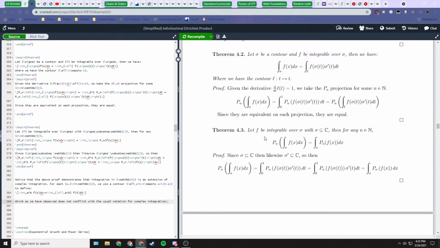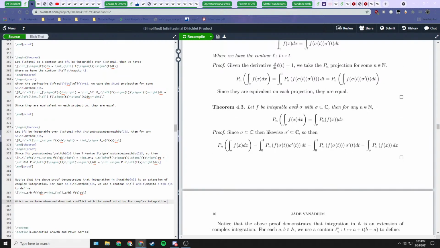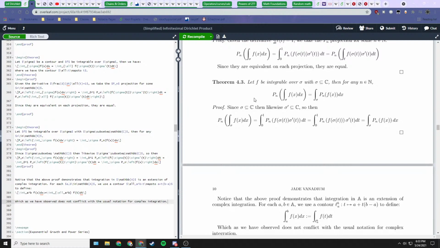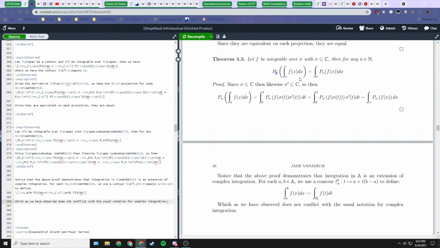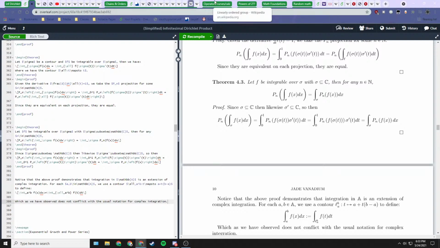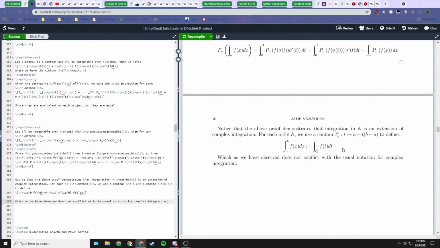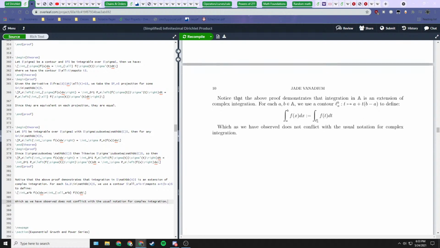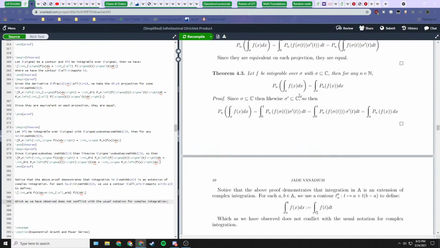And then on this third one, we're saying, let's suppose our contour is a subset of the complex numbers, so we're integrating over a complex domain. Then this projection pulls in, so integration is linear. This proof demonstrates that the integration in A is an extension of complex integration.